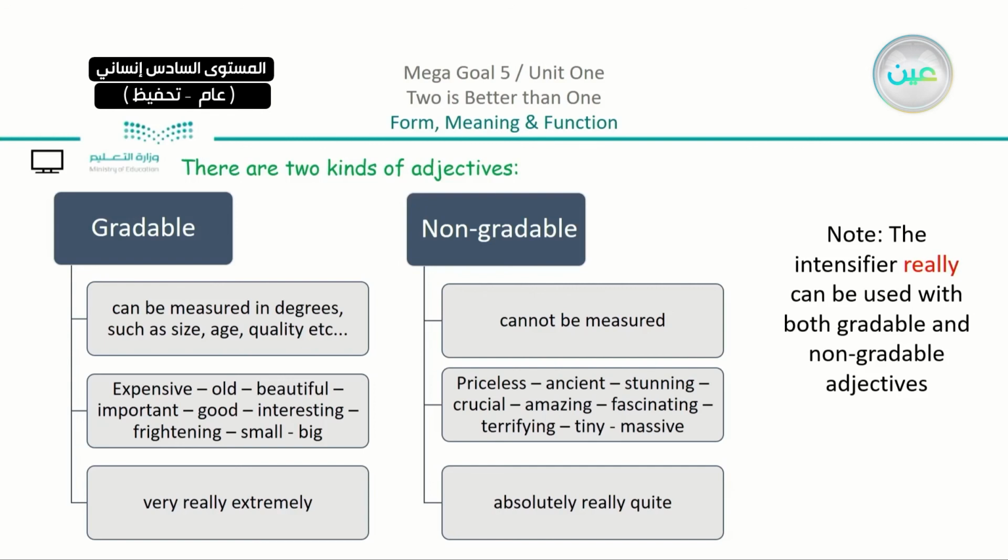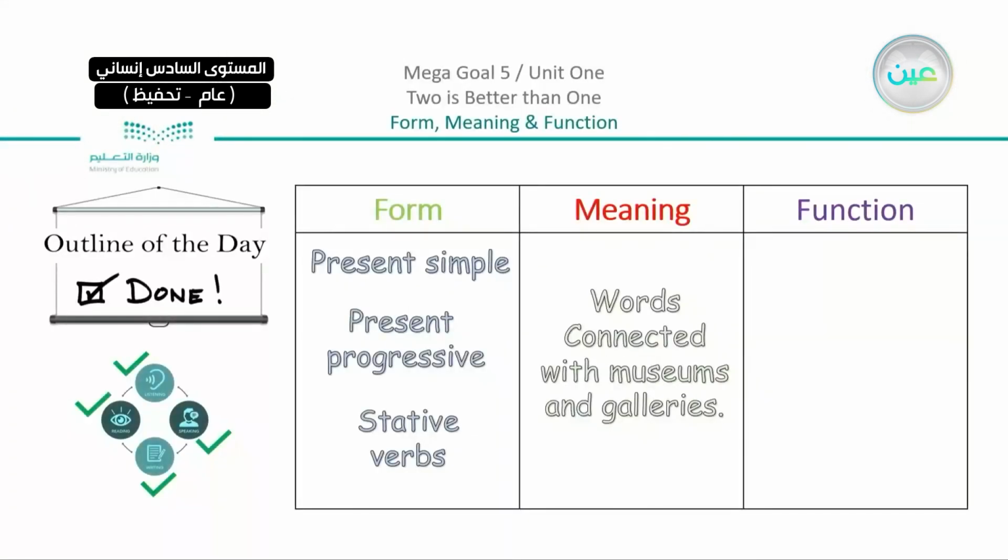Now we have covered the third part of the lesson as an outline, which is what we did from the start. We covered the form part. We discussed the present simple and the present progressive. We also had a glimpse at stative verbs and when to use them.